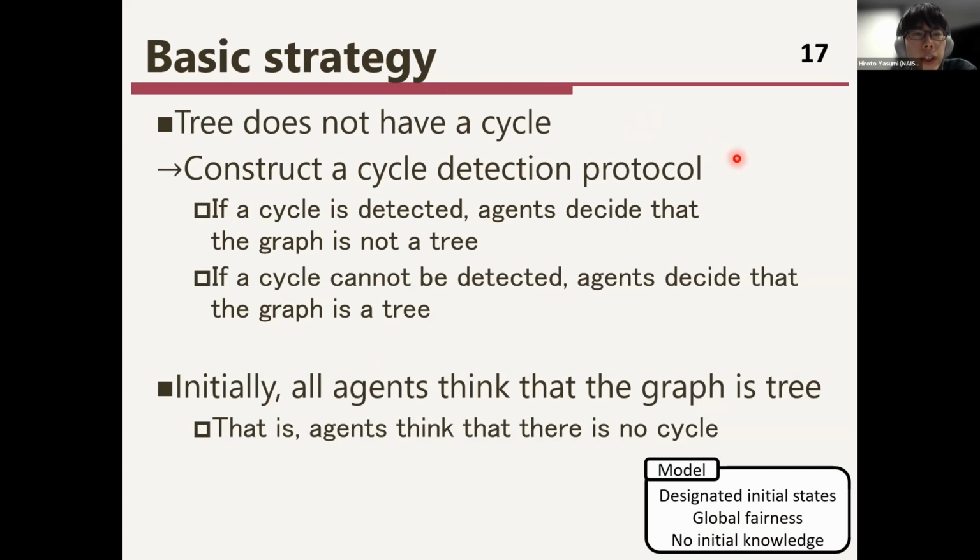Since 3 does not have a cycle, we construct a cycle detection protocol. By the protocol, if a cycle is detected, agent decides that the given graph is not a tree. On the other hand, if a cycle cannot be detected, agent decides that the given graph is a tree. Please note that initially, all agents think that the given graph is a tree. That is, all agents think that there is no cycle.